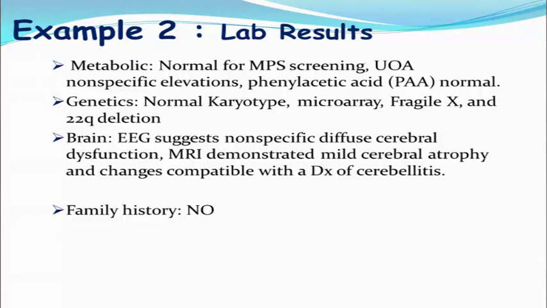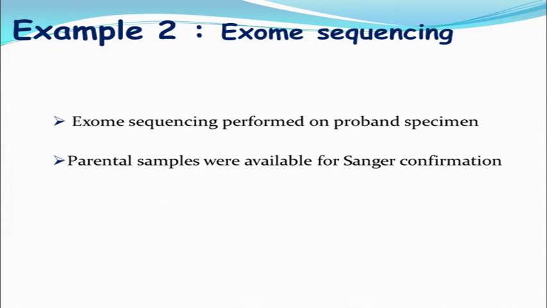Then the brain EEG suggests non-specific diffuse cerebellar dysfunction. MRI demonstrates mild cerebral atrophy and also changes compatible with the diagnosis of cerebellitis. And there's no family history in this patient.